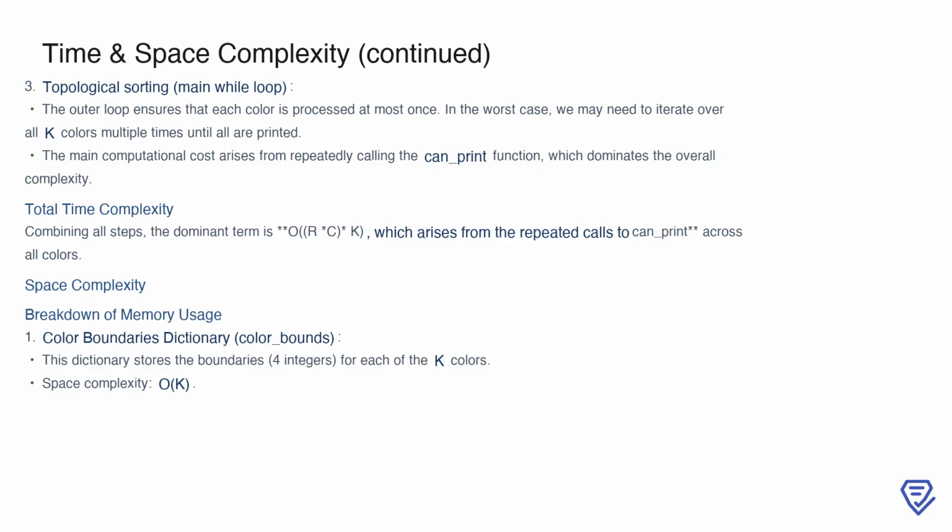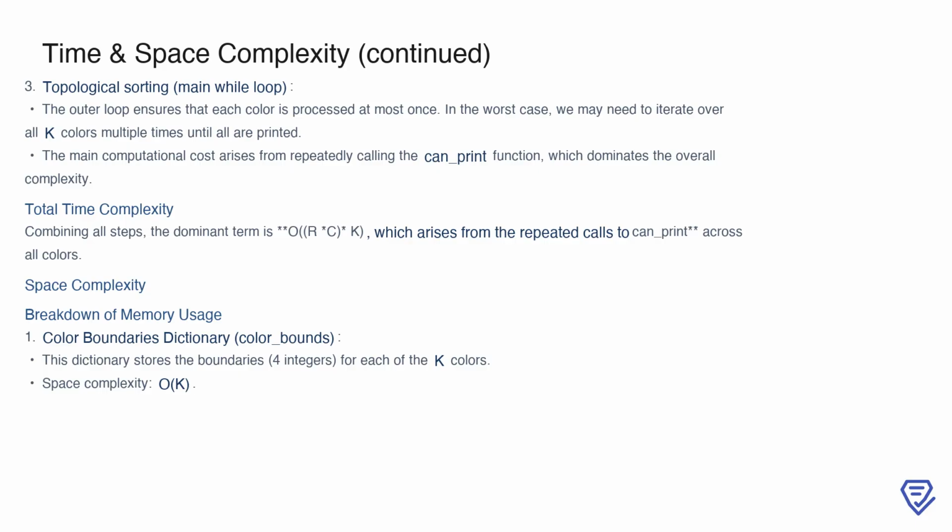Since we've already established that each call to can_print has a time complexity of O(R*C), and it's invoked for K colors, we see how this step also contributes to the overall complexity of O(R*C*K). When we combine all the steps together, the dominant term remains O(R*C*K), as the repeated calls to can_print across all colors outweigh the computational costs of other parts of the algorithm.